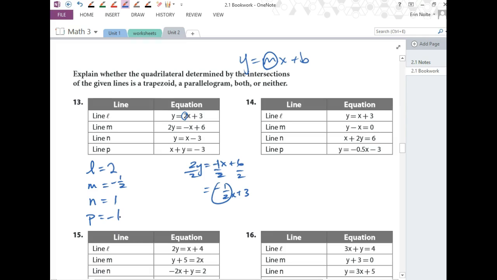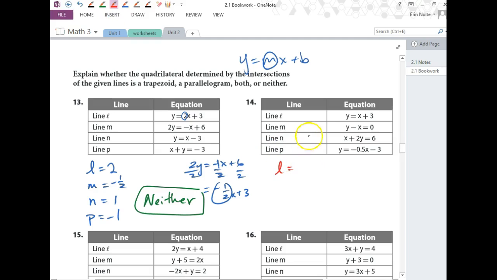So if we look at that, do you see any that are parallel? No, none of them are parallel, so what is this shape? It's a neither shape. It creates some kind of quadrilateral, but it's not a trapezoid or a parallelogram.